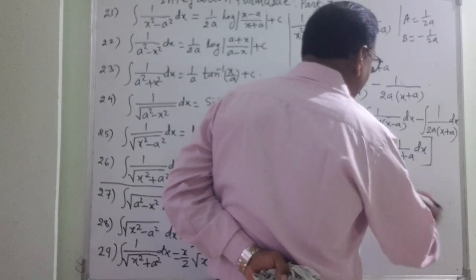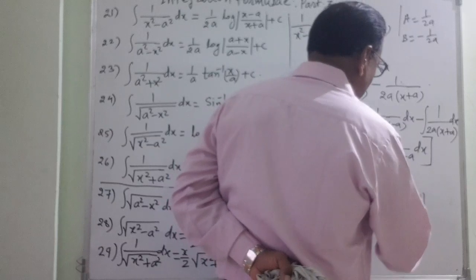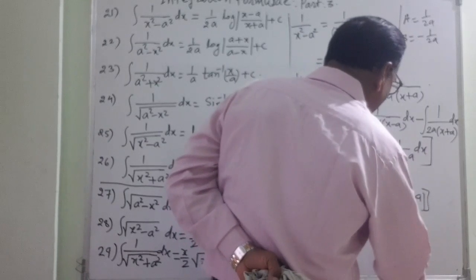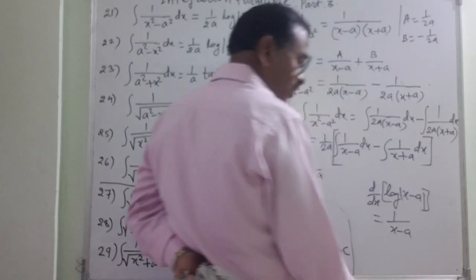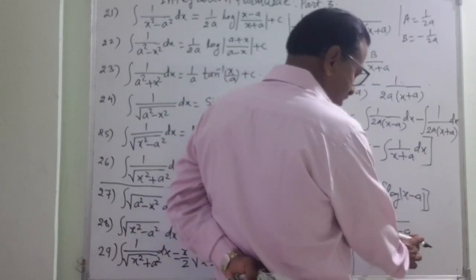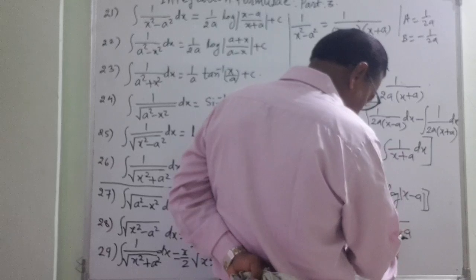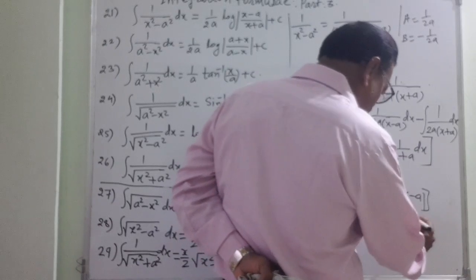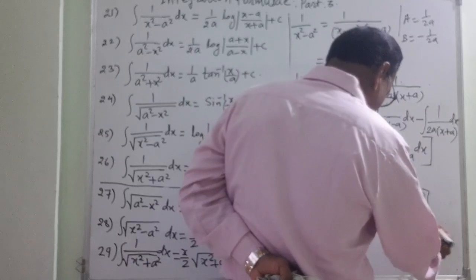What would be the derivative of this? That would be 1 upon x minus a into the derivative of this. Derivative of x will be 1 and derivative of a, a is a constant, so 0. So into only 1, 1 minus 0 you can say.